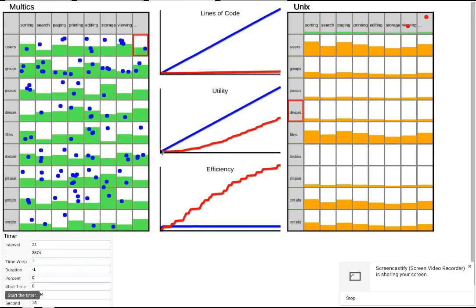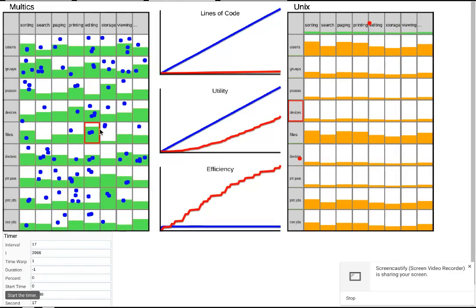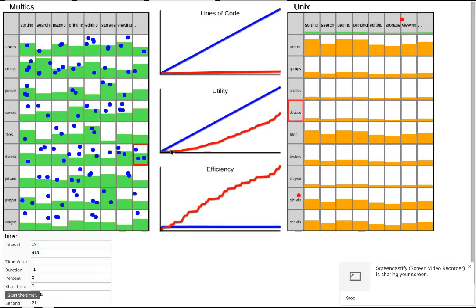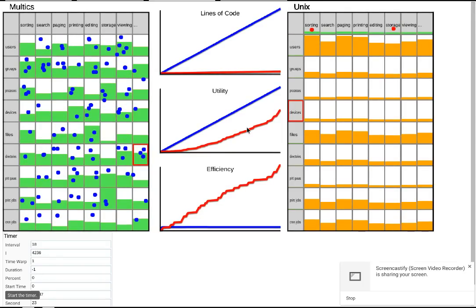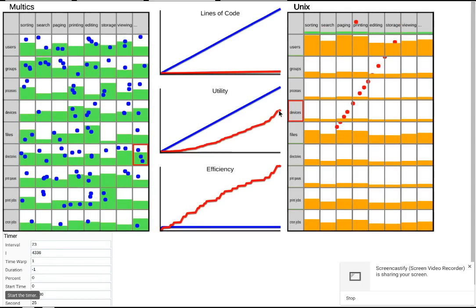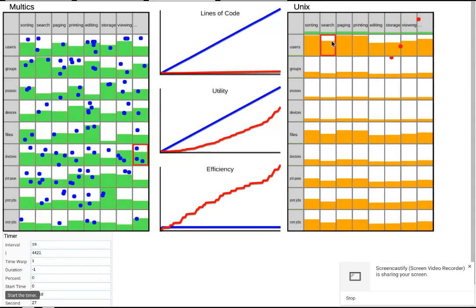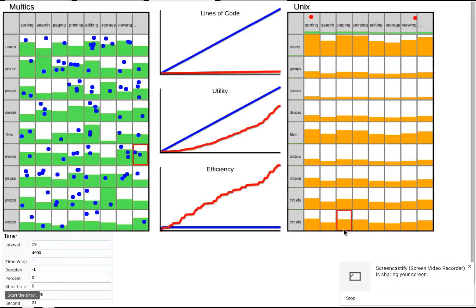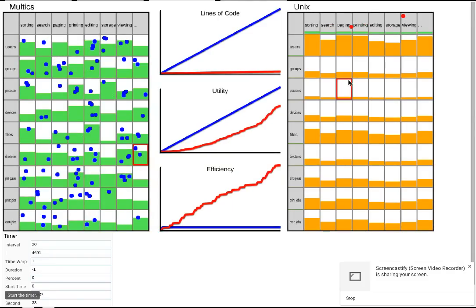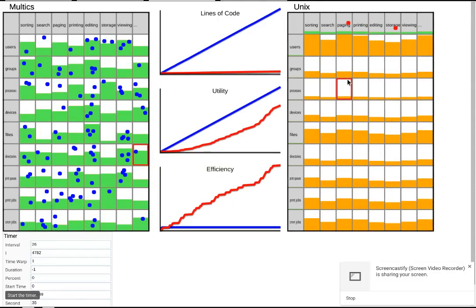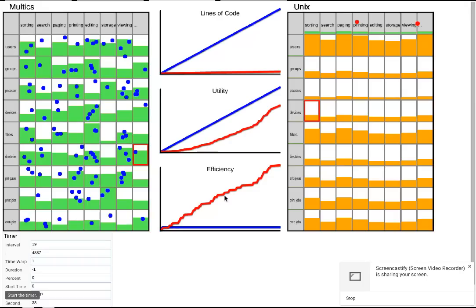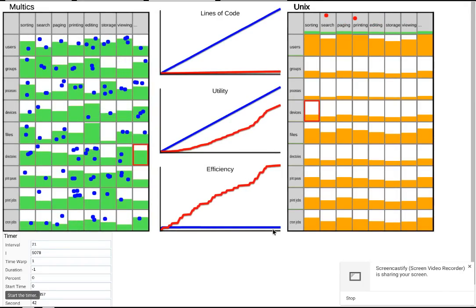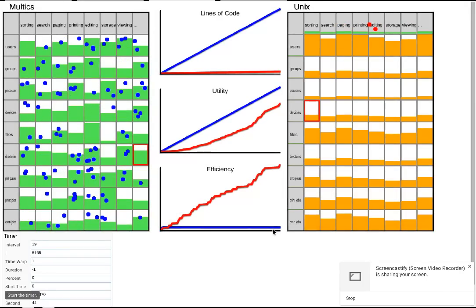And the Multics utility is linear, so for every line of code that they write, they get 1 unit of utility. But look what's happening with the shape of the Unix utility. It's actually curving up. This is exponential, because once they write one feature, they get the utility of that feature for all of the types of data, not just for one. Okay, and so as they go, they become more and more efficient, whereas the Multics is flat.